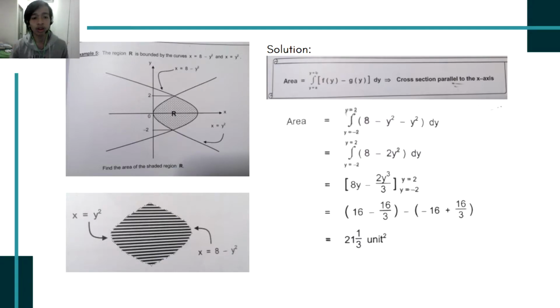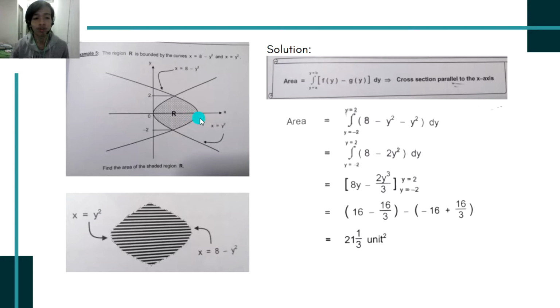So if we put in vertical cross sections over here on this part, we will get the curve x equals y squared minusing itself. Over here also curve minusing itself, and on this part it will be curve minusing itself.